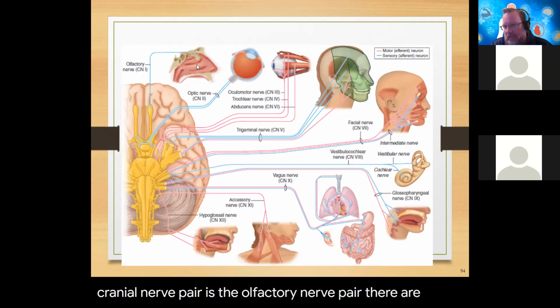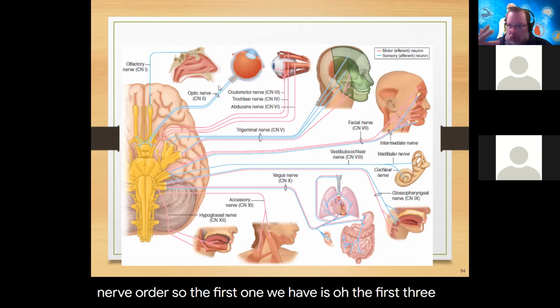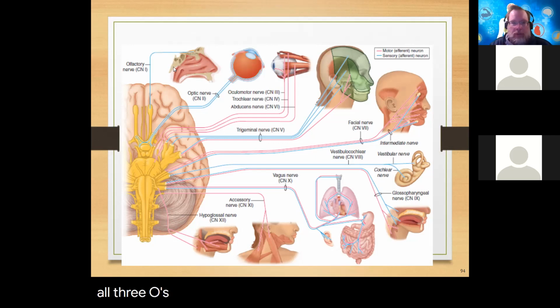There are several mnemonic devices for remembering the cranial nerve order. So the first one we have is O. The first 3 are all 3 O's. So 3 O's started off.